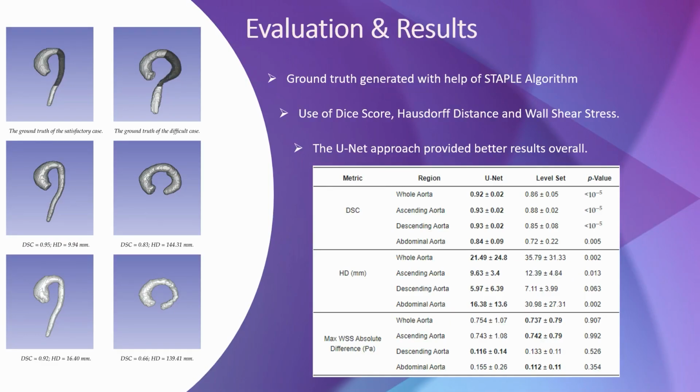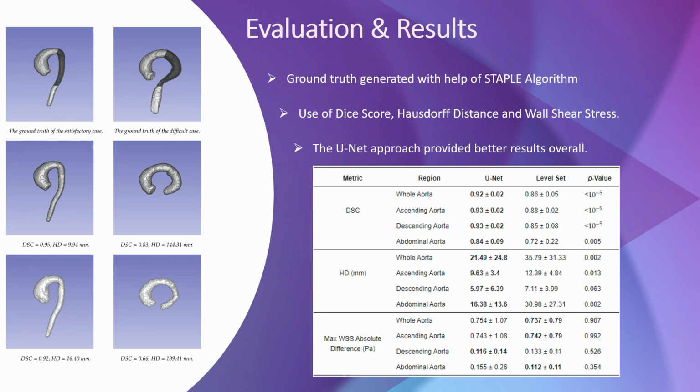So to evaluate the results of both segmentations, we used a merging of manually segmented aortas of the 36 patients, and we use a DICE score and Hausdorff distance to assess the efficiency of these segmentations.